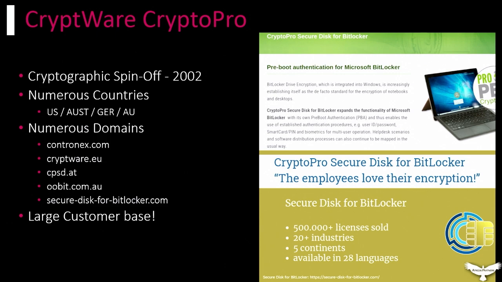Today, the organization is represented in numerous countries, and each individual representation of the organization has a completely different domain name, completely different marketing materials, completely different look and feel. The only thing that really links them back together is references to the physical addresses. And despite this somewhat suspicious online presence, they boast over 500,000 licenses. And they also self-proclaim that employees love their encryption model.